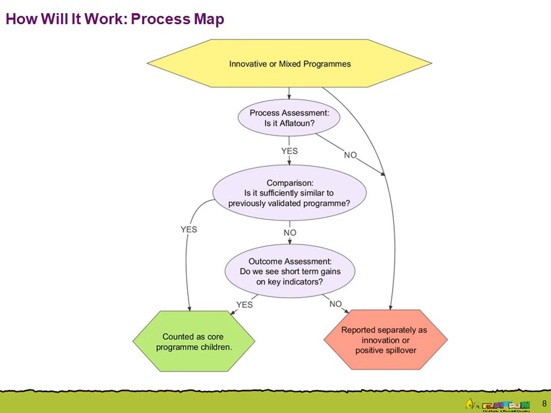Right, so if it is Aflatun, if it is social financial, if it is balanced and so on, we look and see if there's maybe a similar program that we've validated in the past with more rigorous research. So if we find that there was another program, maybe a year earlier, or the same year, or 3 years ago, that did the same sort of innovative process and did a research project, then we can count this new innovation as similar enough to the previous innovation that we can bring it into the core program children category.